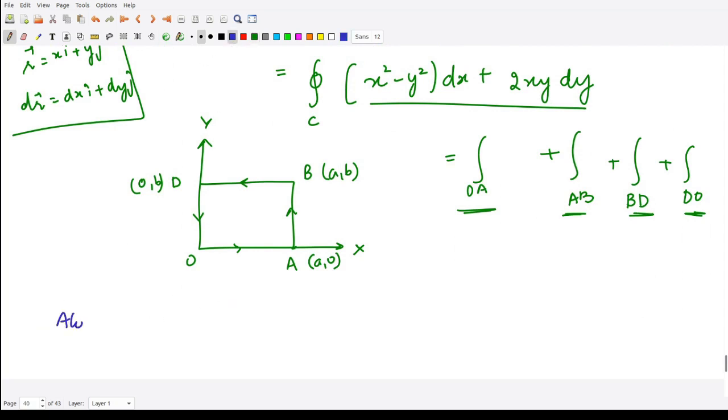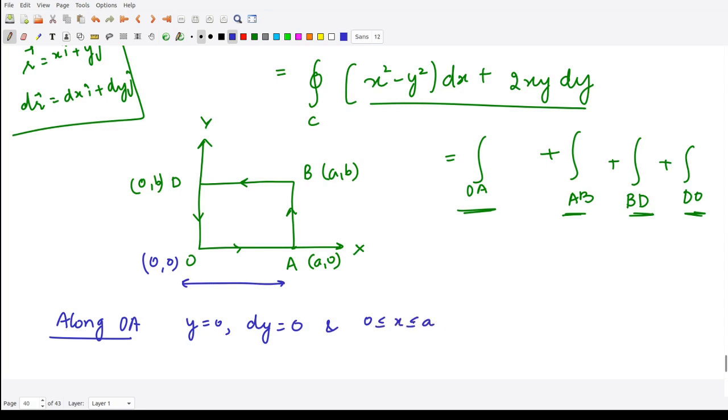Along the path OA, I have these 2 points 0, 0 and the point a comma 0. So here the equation of line is simply y is equal to 0. Accordingly you have dy is equal to 0, and x varies between 0 to a. So along OA we have this thing.